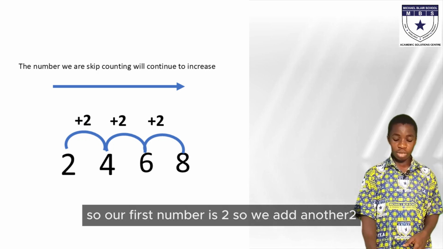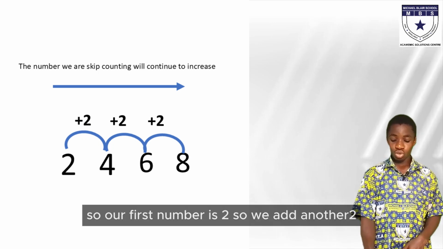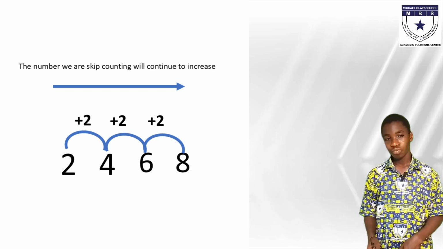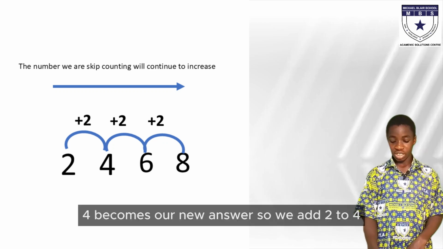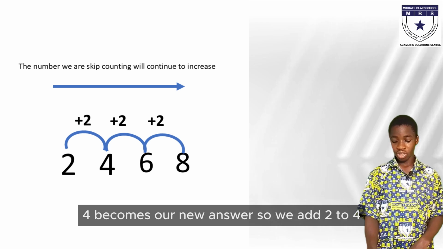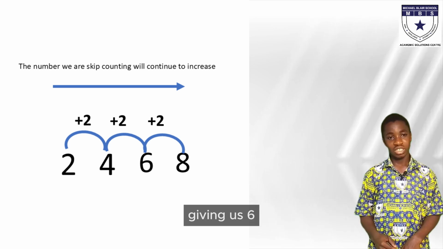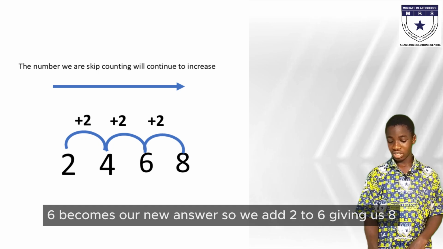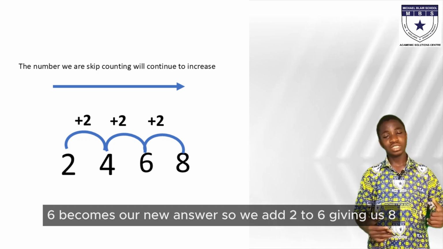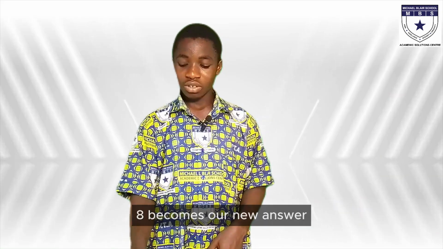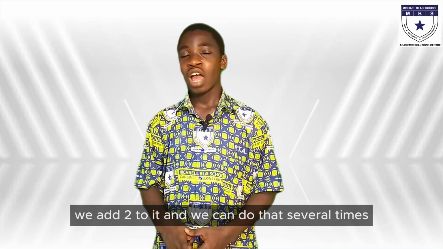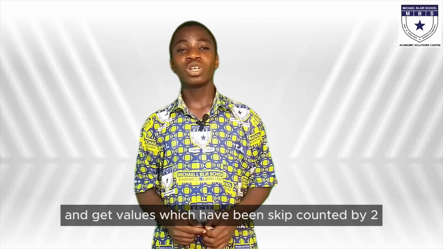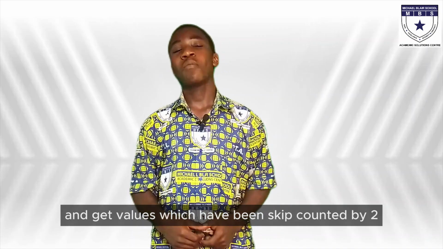So our first number is 2, we add another 2, which is 2 plus 2, giving us 4. 4 becomes our new answer, so we add 2 to 4, giving us 6. 6 becomes our new answer, so we add 2 to 6, giving us 8. 8 becomes our new answer, we add 2 to 8, and we can do that several times and get values which have been skip counted forward by 2.